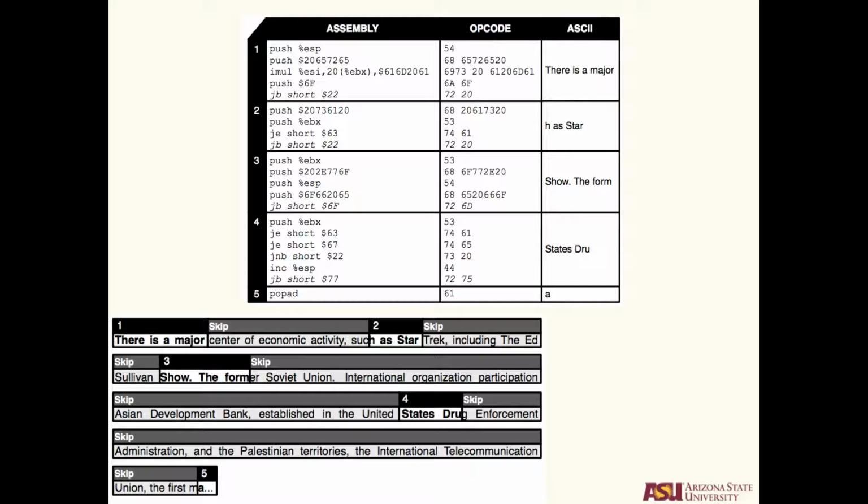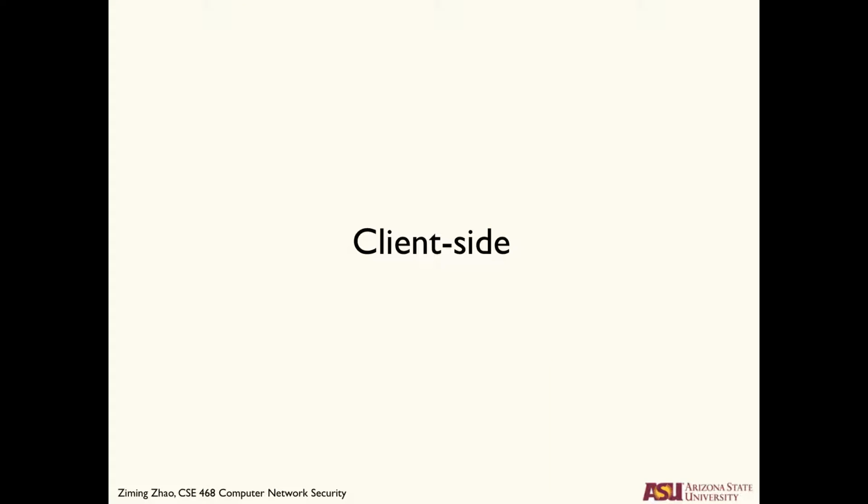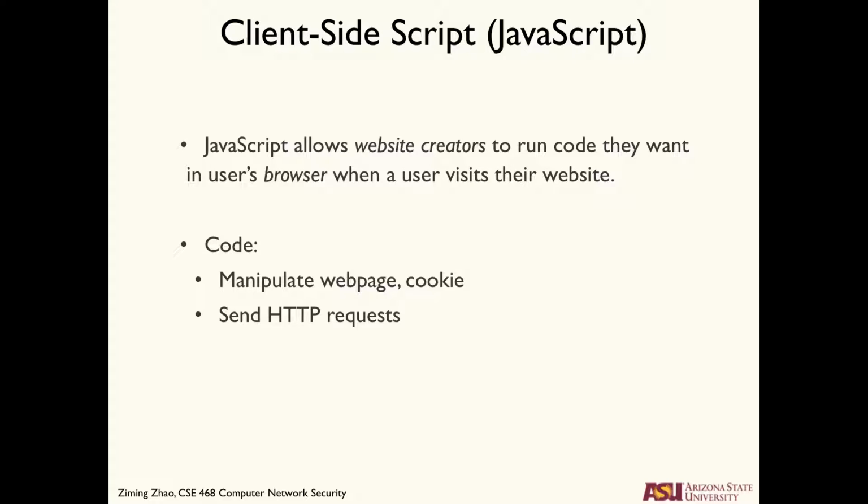So if we go back to web security, and we are talking about injection, we can talk about 3 ways to inject code into a web application. The first one is the client side. We can inject some JavaScript code.